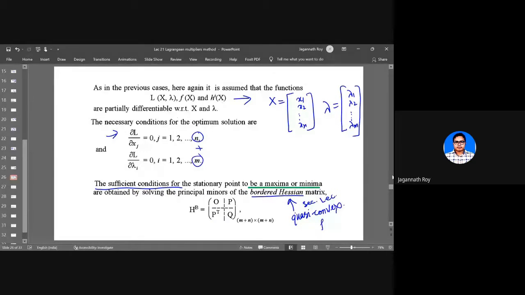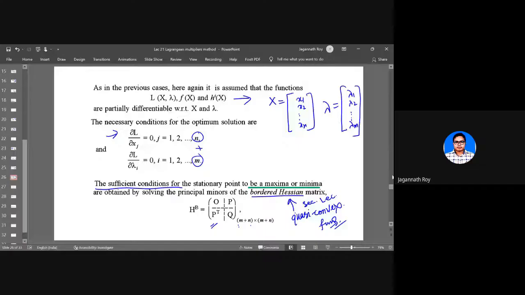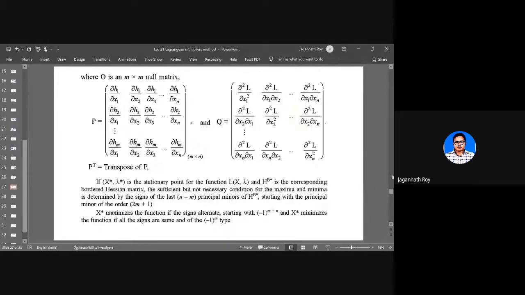Quasi-convex functions. So how do we get this function? Let us define it. The order of this matrix is m plus n times m plus n. So 0 is an m by n null matrix, that is, a 0 matrix.